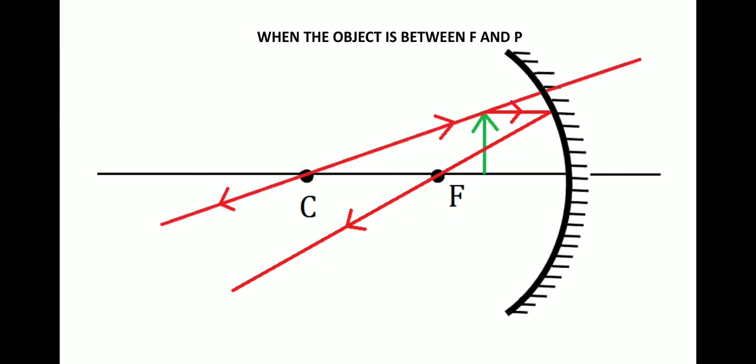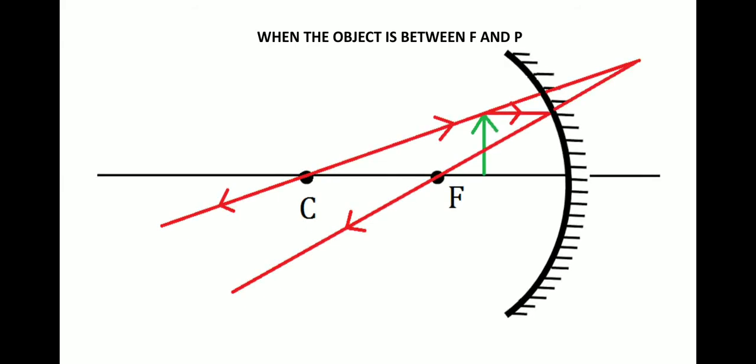But again this path of light will be retraced and it will move inside the mirror out here. When this ray moves inside the mirror, we can also trace this light inside the mirror, so that we get something like this. Now these two rays are intersecting inside the mirror, so the image will be formed over there.